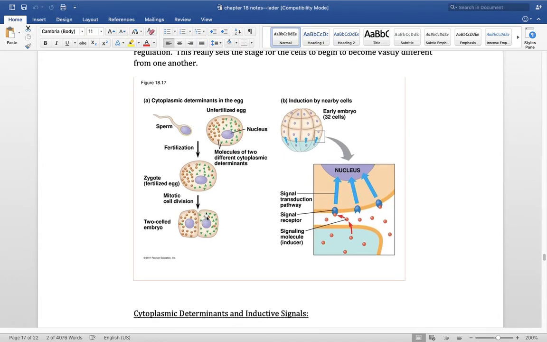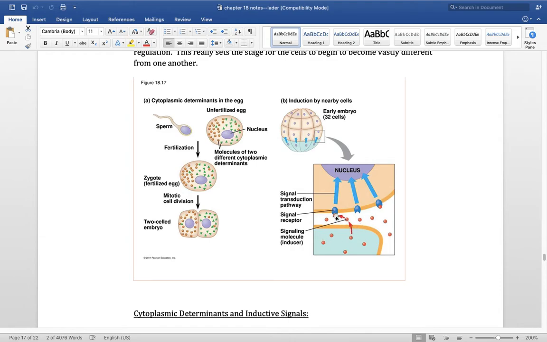And the green triangles and the orange spheres, what these cytoplasmic determinants serve as is, you guessed it, transcription factors. They will turn on unique sections of the DNA, and that will set the tone to begin the path of differentiation. Over here, this is where we're seeing a type of short-range signaling.